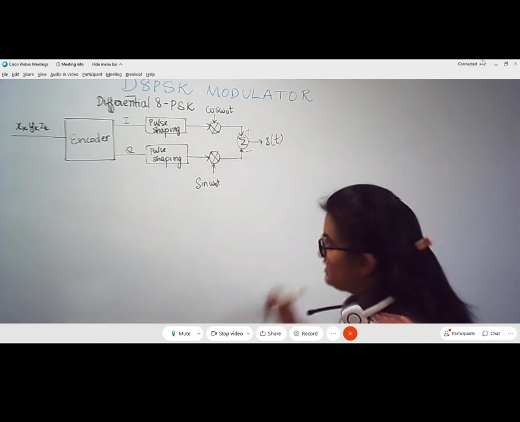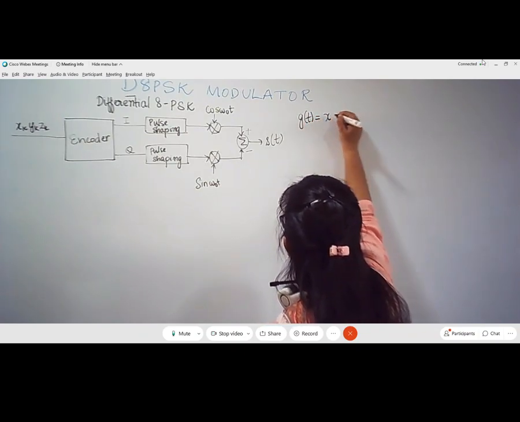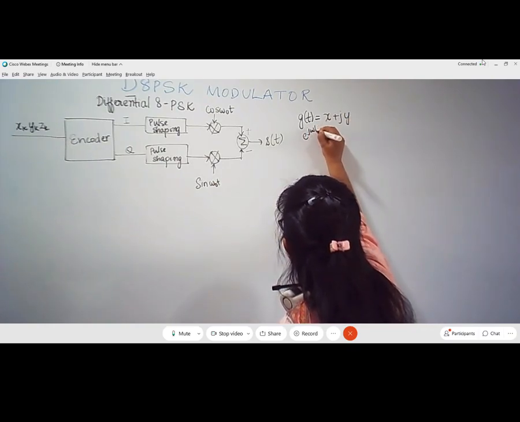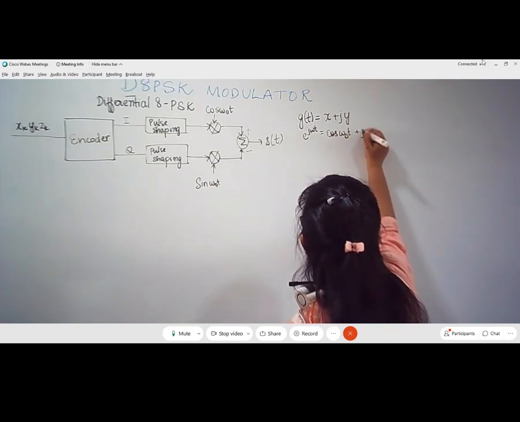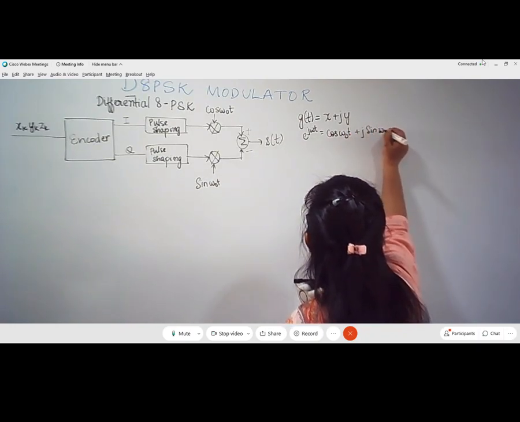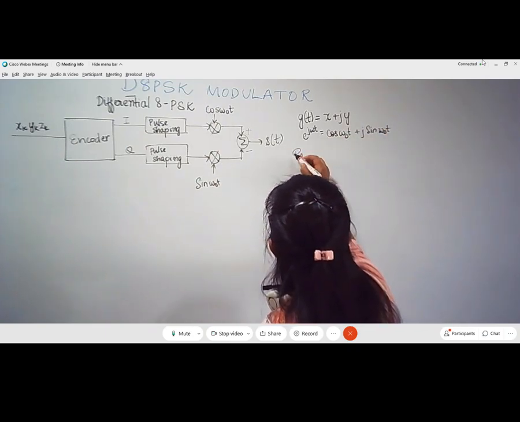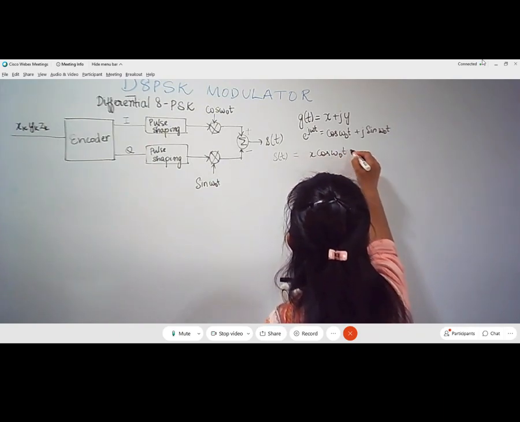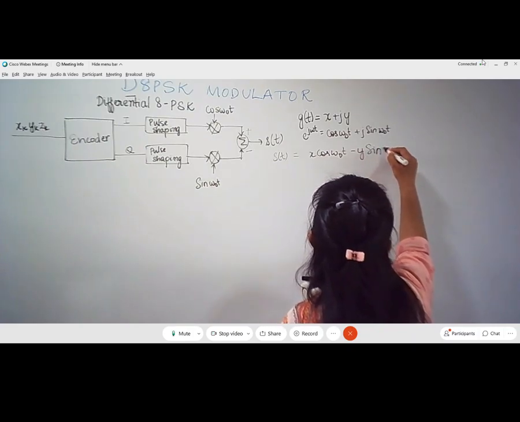This is because whenever I multiply two complex entities, where g of t is written as x plus jy and e to the power j omega t, when you expand, you obtain cos omega naught t plus j sin omega naught t. If you multiply and take only the real part, I get s of t in the form of x into cos omega naught t minus y into sin omega naught t.